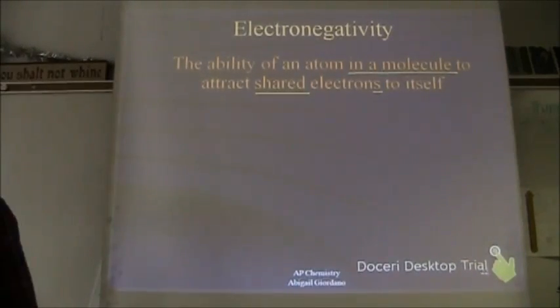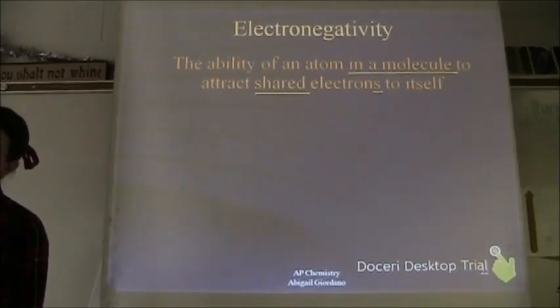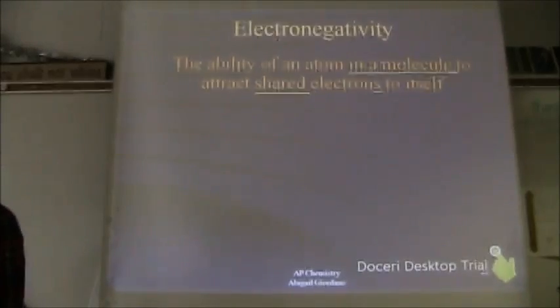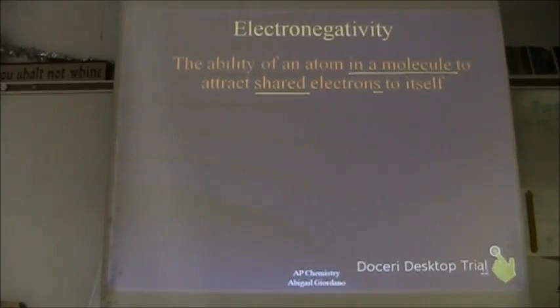Do you all remember from Chem 1 what corner of the periodic table contains your most electronegative elements? Top right. Very good. What was that term we used a lot the last two chapters? It's a term that means how much a nucleus pulls on the electrons. What's that called?